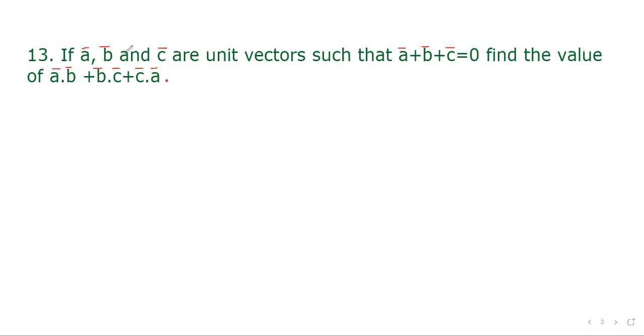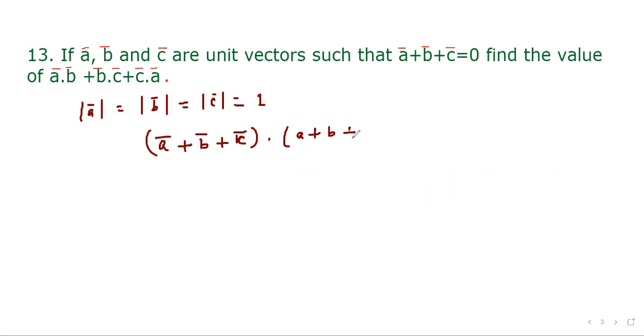If vector A, vector B, and vector C are unit vectors, it means modulus A equal to modulus B equal to modulus C must be equal to 1, such that A plus B plus C equal to 0. So let's find out the dot product of A plus B plus C with itself.